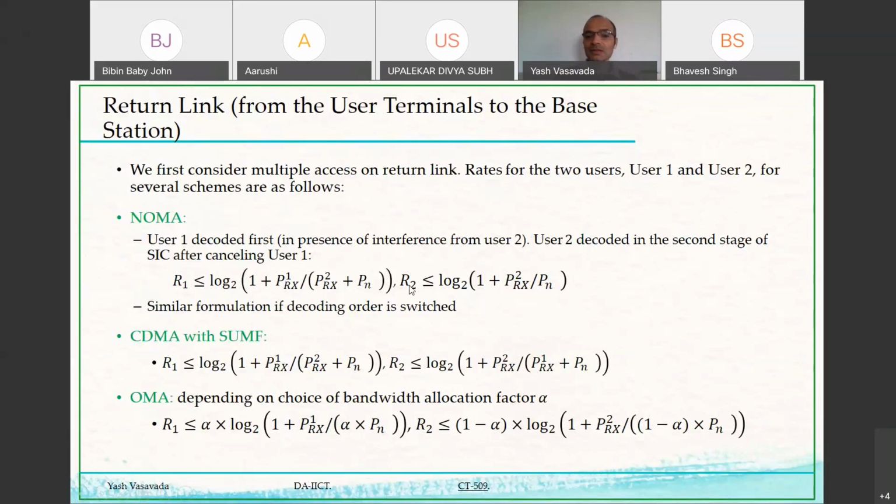And user 2 transmitter therefore can send the signal at this rate, R2. Compared to CDMA with SUMF, where R2 has to be smaller because the interference from user 1 has not been removed. Okay, does it answer the question?